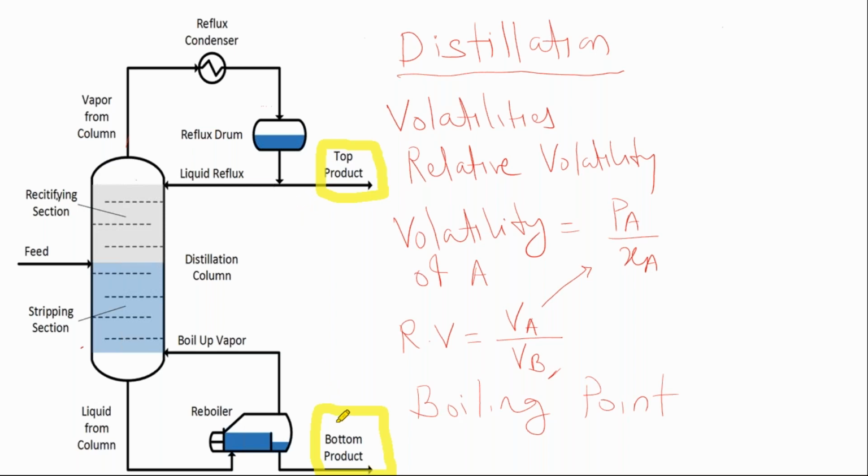So it is nothing but a liquid component separation process with the help of thermal energy, boiling point, and vapor characteristics, or volatilities, or relative volatilities. So this is the first session.